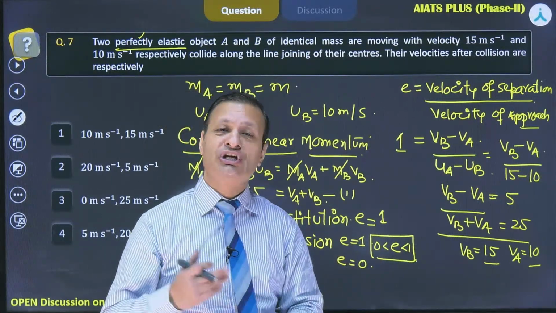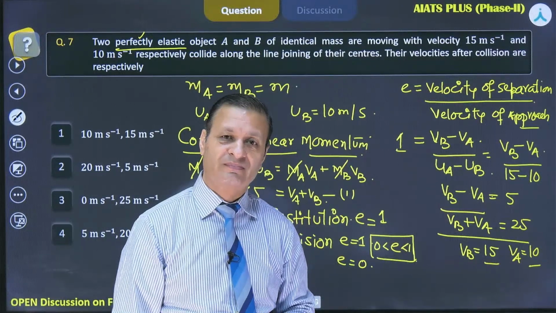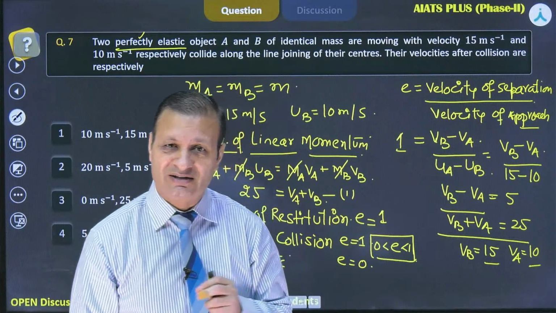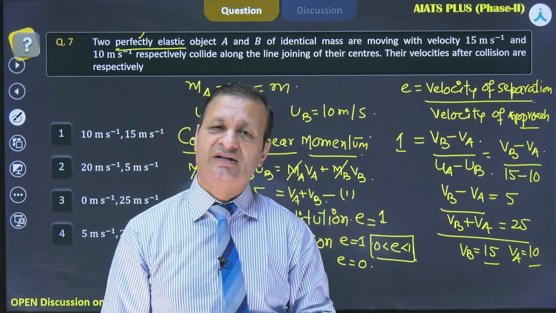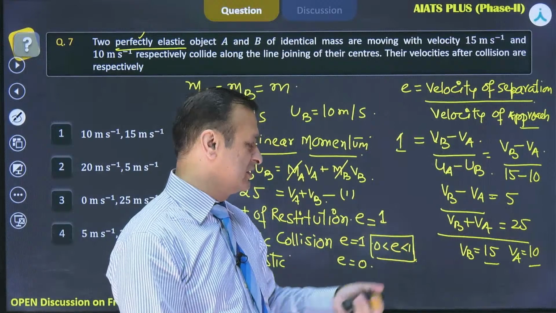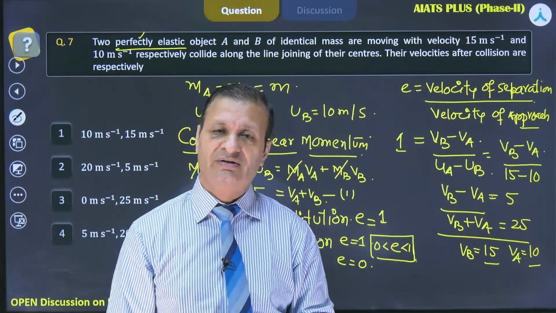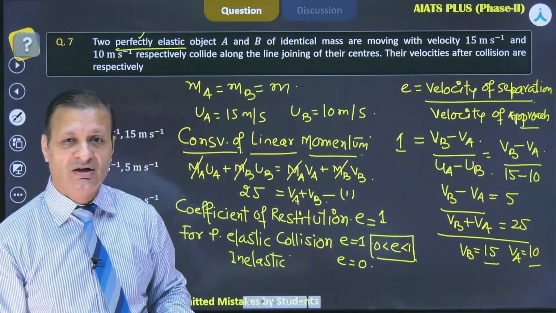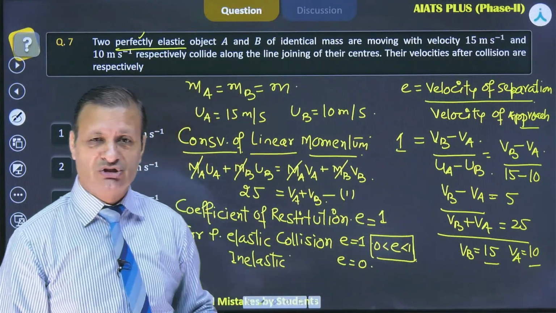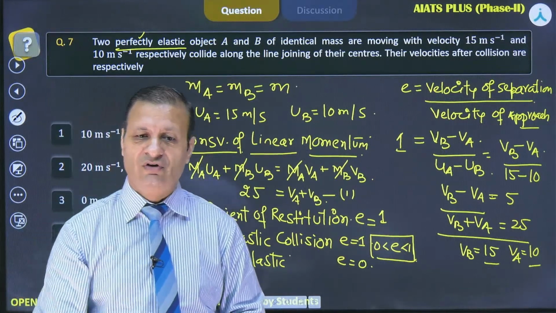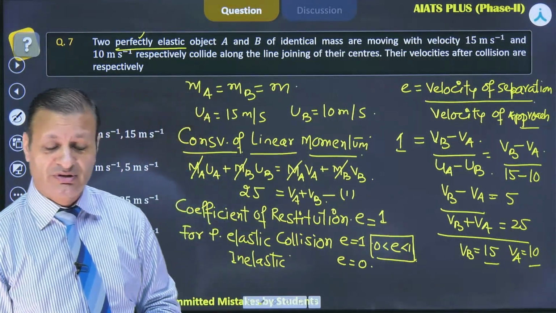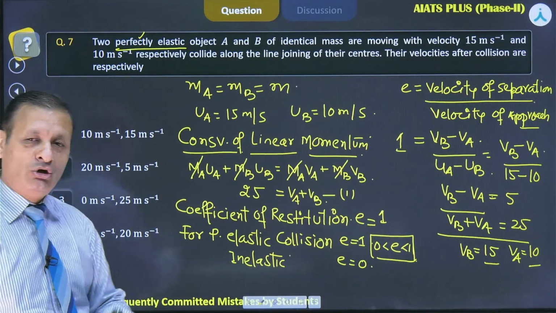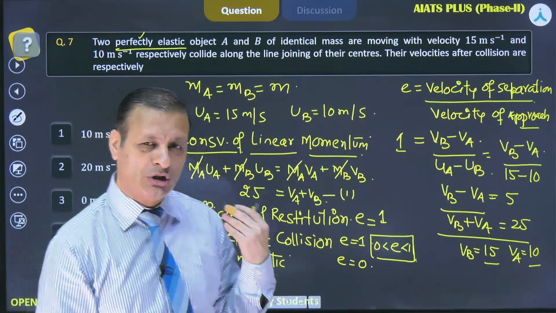They have exchanged their speed, and this is possible because the collision is elastic. Had it been an inelastic collision, this possibility would not be there. So we have noticed one very interesting concept in this numerical situation, velocity interchange. This is a very fine concept. Good. Or do you have any other approach to solve this one?